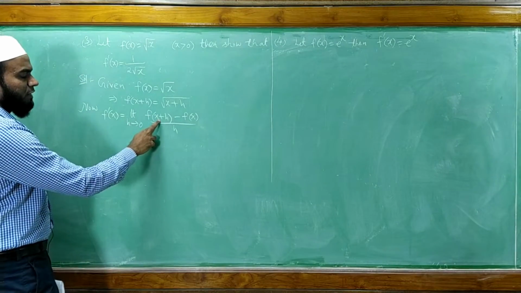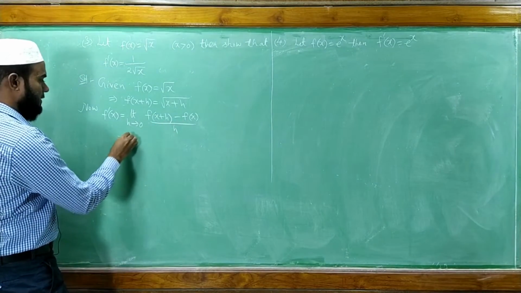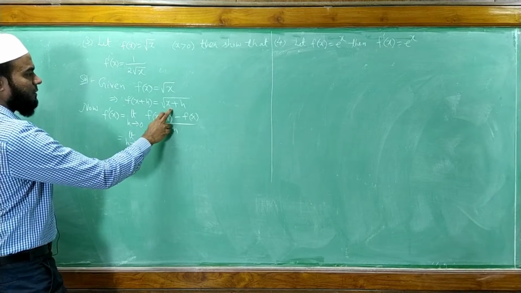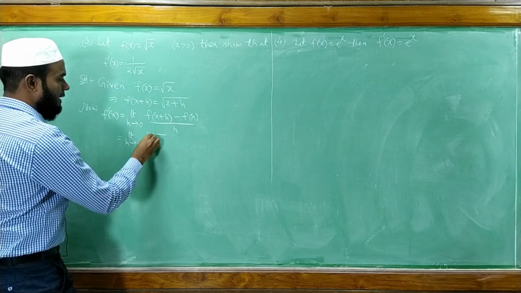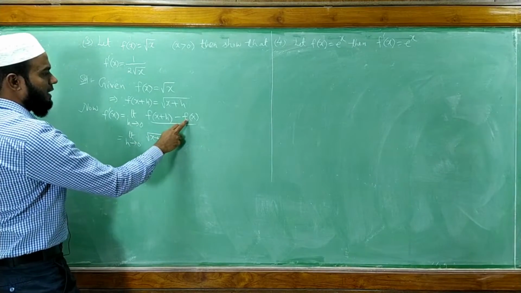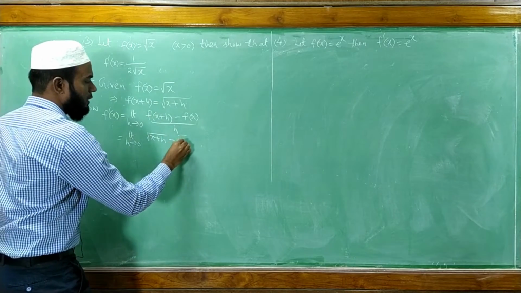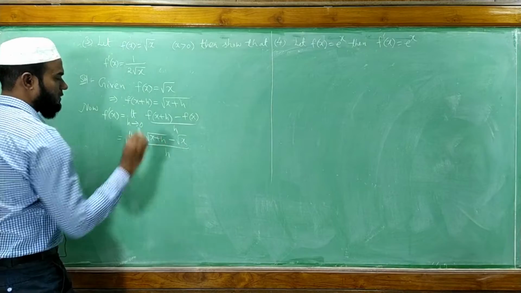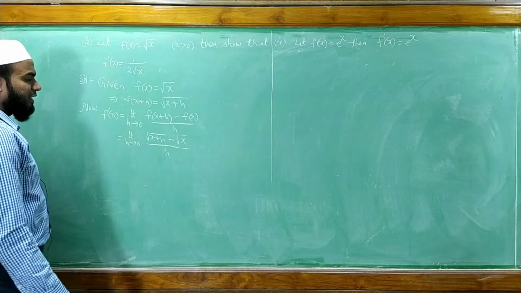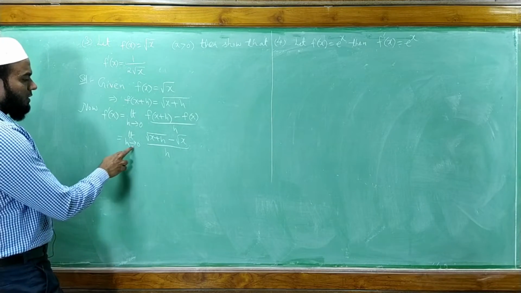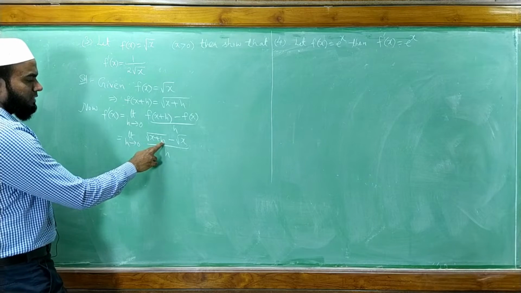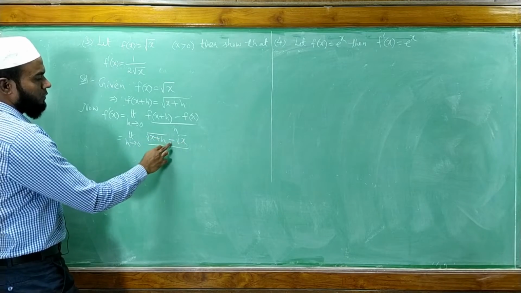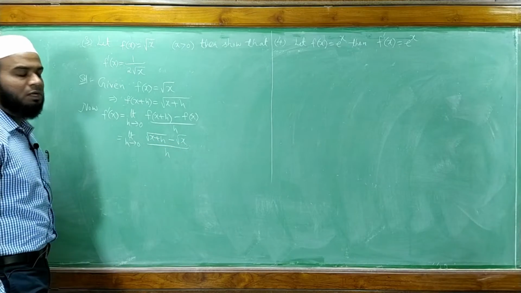This is equal to limit h goes to 0, f of x plus h is given by root of x plus h, minus f of x is root x, divided by h, right? So if you apply the limit, you will get 0 by 0, because when you take h as 0, root x minus root x will be 0. So 0 by 0, that is an indeterminate form we will get.